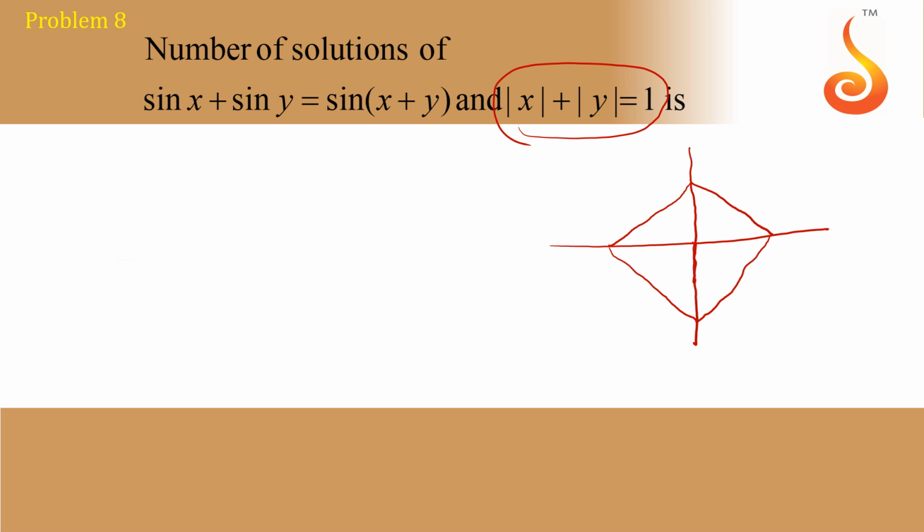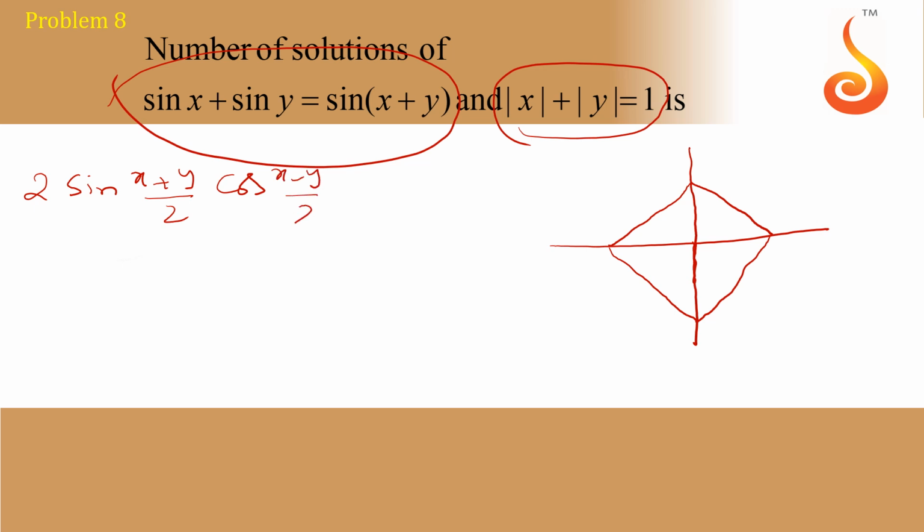Now if you observe this equation, sin x plus sin y is 2 sin of (x plus y) by 2 cos of (x minus y) by 2, is equal to 2 sin of (x plus y) by 2 cos of (x plus y) by 2.